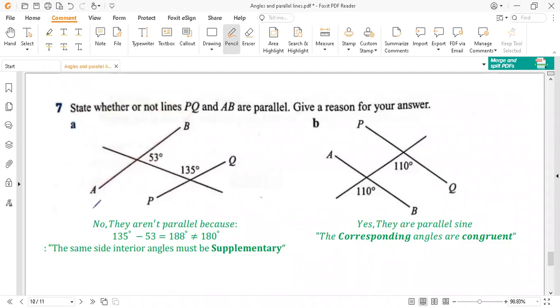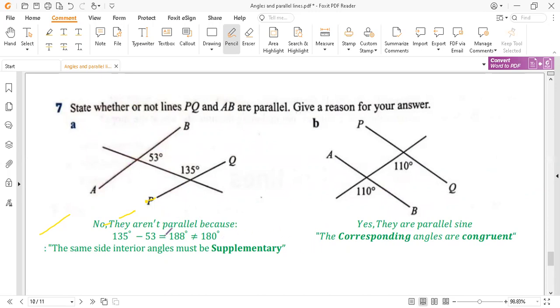Obviously here they aren't, because first of all, if we elongate this line and this line, they will finally intersect, because we know that two parallel lines don't intersect at all.